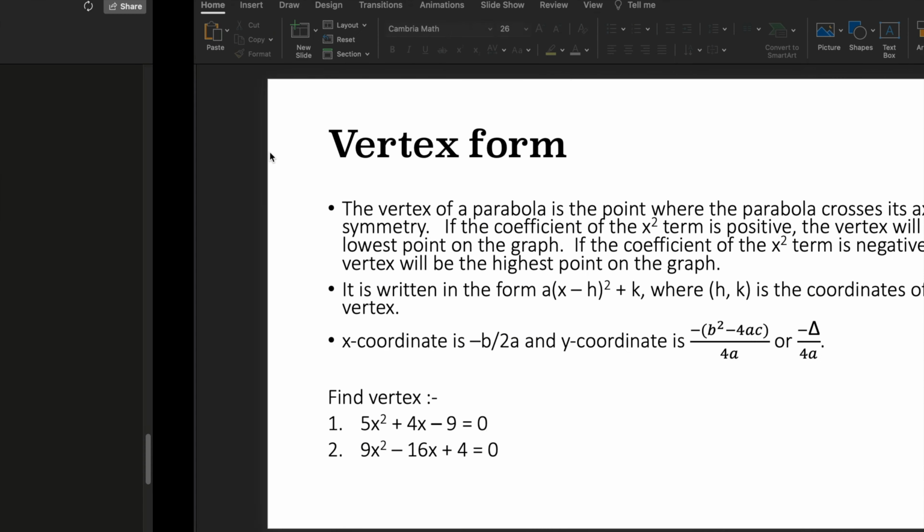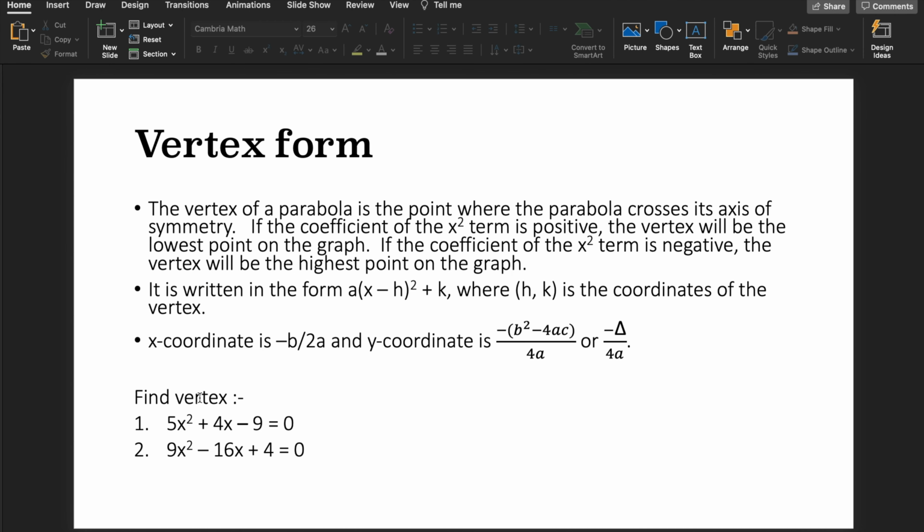We know that the discriminant is b squared minus 4ac. So we could write the y coordinate of the vertex as minus delta, the discriminant, divided by 4a. This is much simpler to remember.